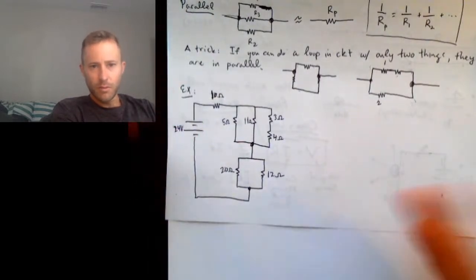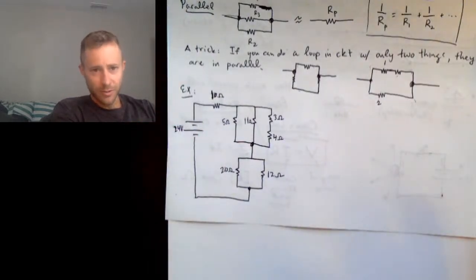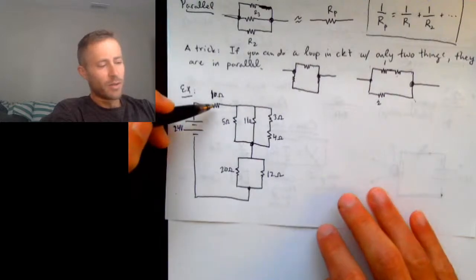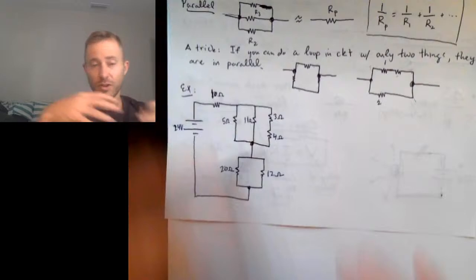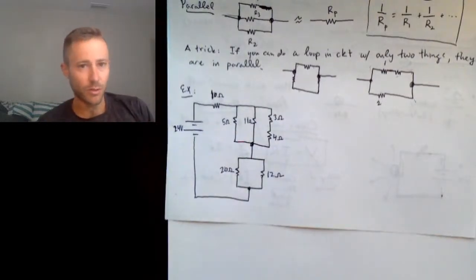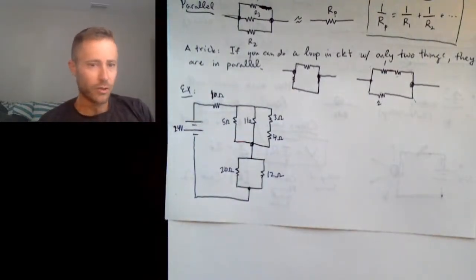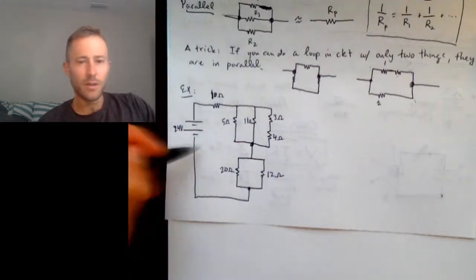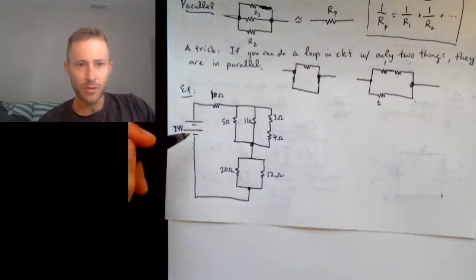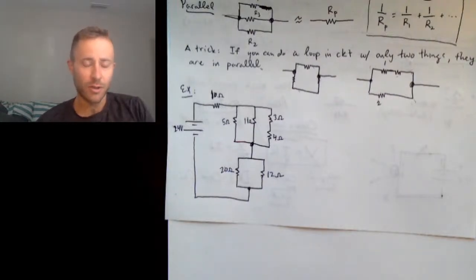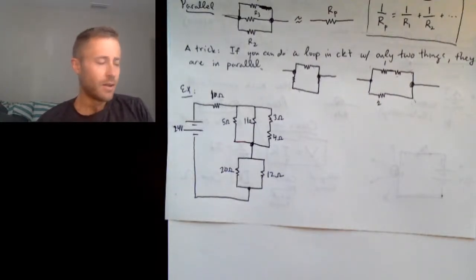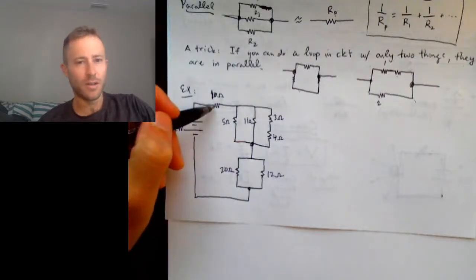So why would you encounter a circuit like this? Okay. So you have to remember that each of these resistors is representing something that is doing something useful. Okay. So this battery might represent the voltage that's provided by Southern California Edison. And maybe this is an appliance.